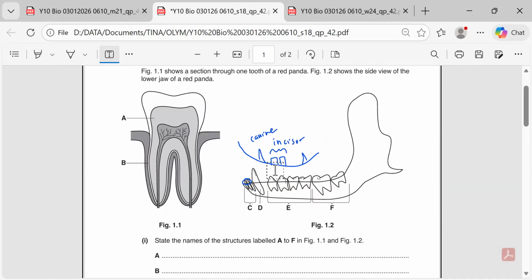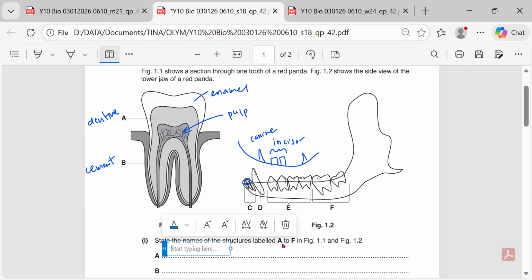For the tooth, there is enamel, and then dentin, and inside is called the pulp. B is not the pulp, B is the cement.